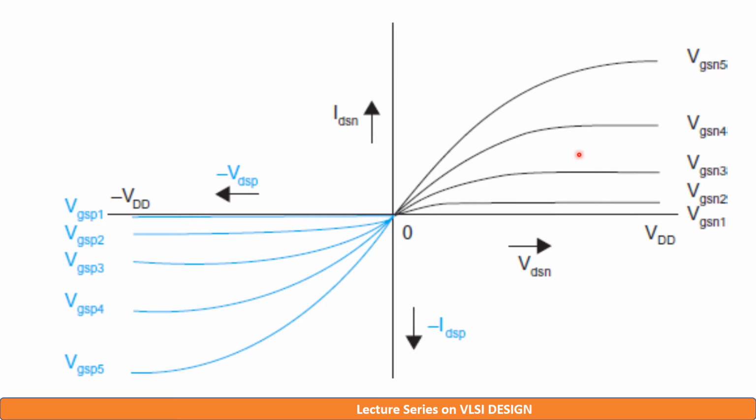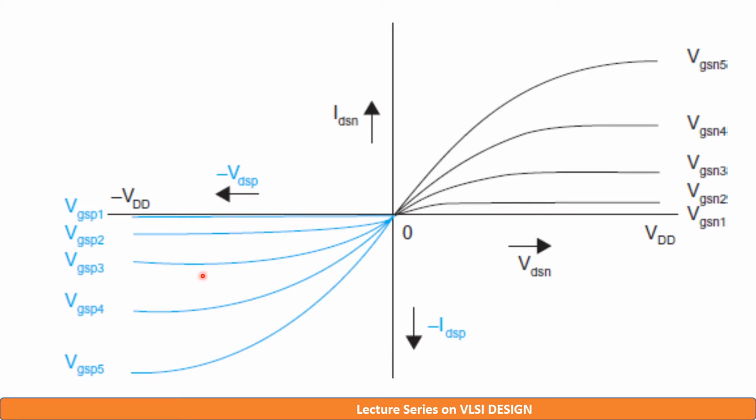So, this characteristic in the first quadrant is the IV characteristics for the NMOS device, VDSN versus IDSN for different values of VGSN. And the curve in the third quadrant is for the PMOS device, VDSP versus IDSP.